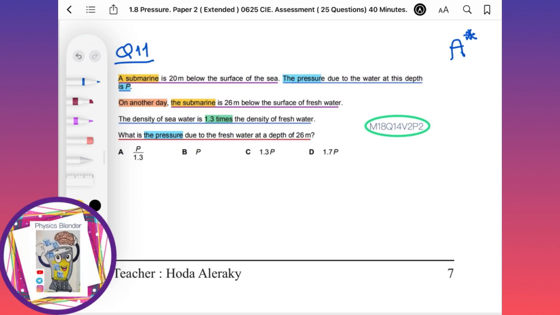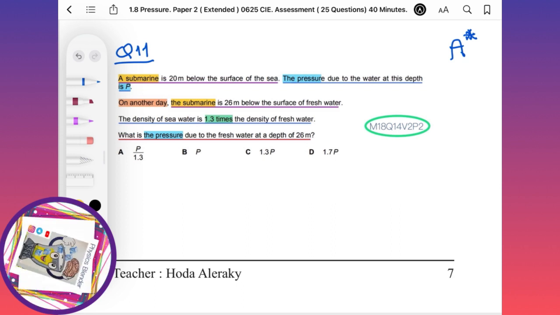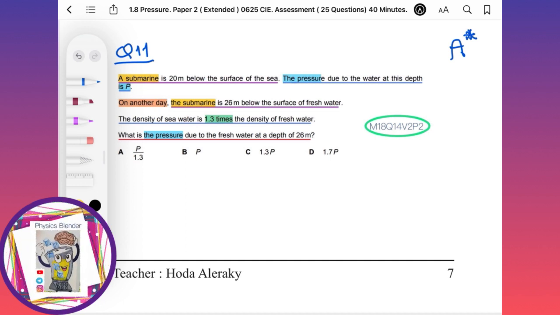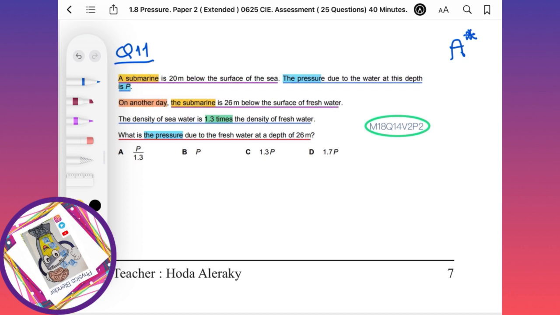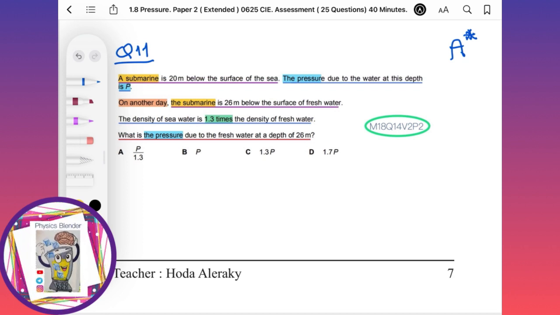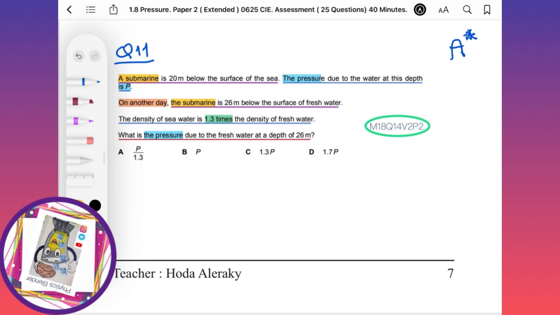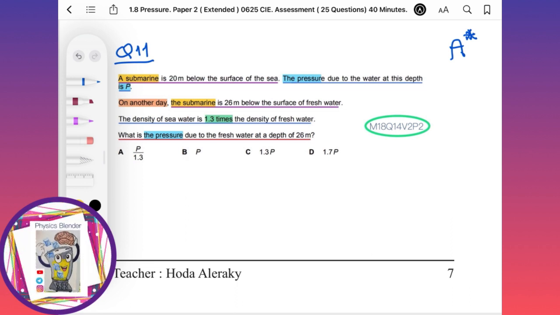We have to apply the equation, substitute, and find what is the pressure due to the fresh water at depth 26. First of all, let's write down the ratio, which is very important here.